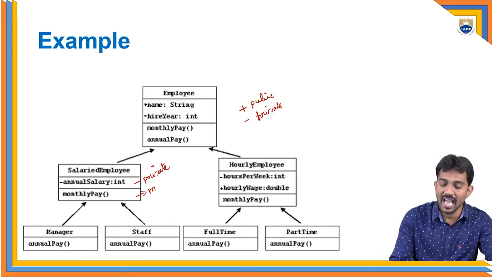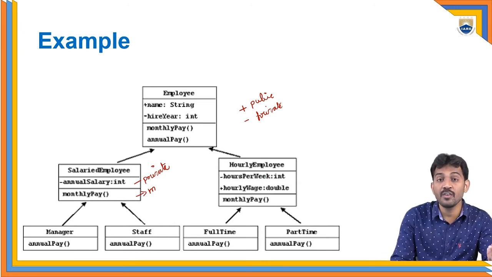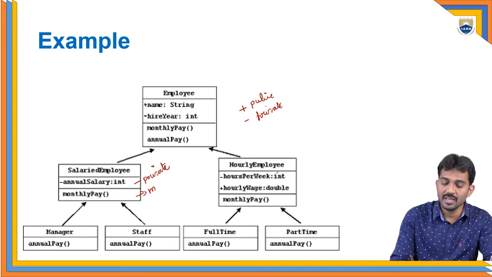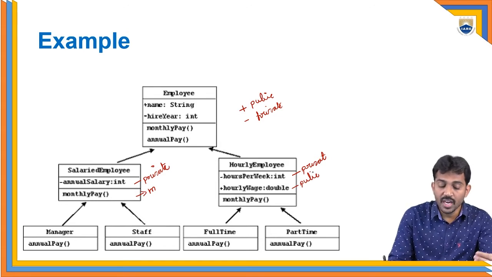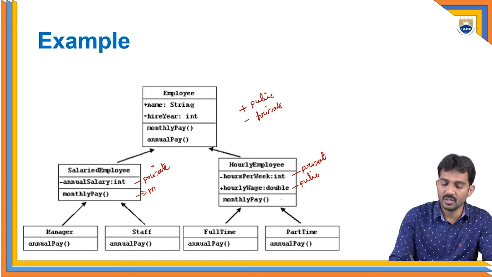The first one is the hours, meaning how many hours per week you are going to work, as well as the hourly wages, meaning how much you are going to be paid for each hour. These are the two variables. Again, hours is private, and the hourly wages amount comes under public. Here you are going to implement the method monthly pay.